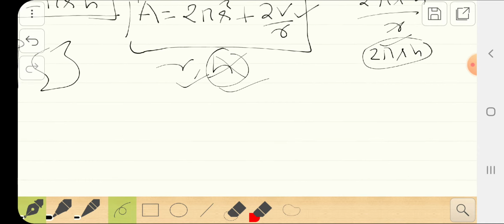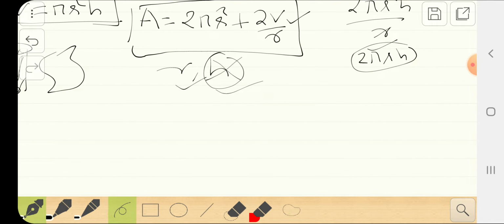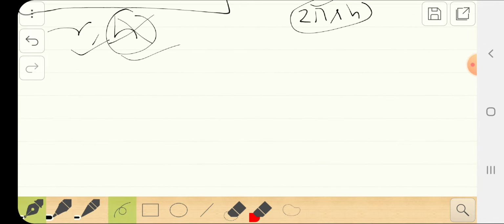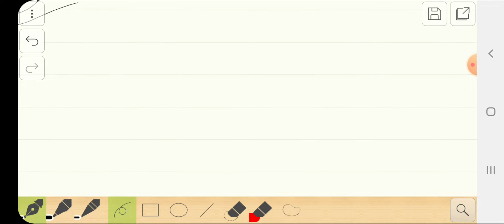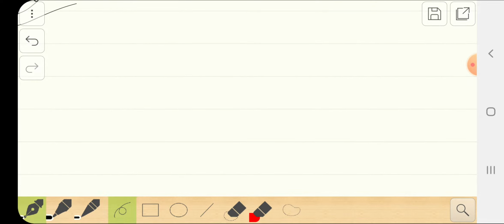Now if area is equal to 2 pi r square plus 2v by r, now I am going to do something very new to this topic. So this is called minimization of area, right? So let's assume that we have two variables here, a and r.